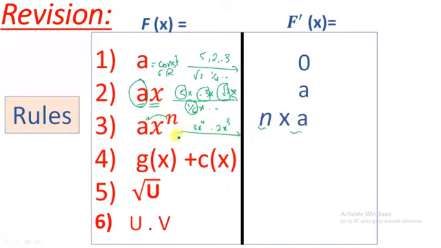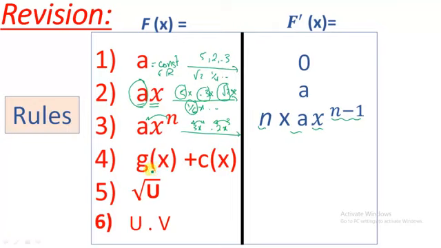Then we will multiply them by the variable x raised to the power n reduced by 1. So the rule in this case is an multiplied by x to the power n minus 1. In this case, for 3x to the power 4, the derivative is 12x cubed. For minus 2x cubed, the derivative is minus 6x squared.